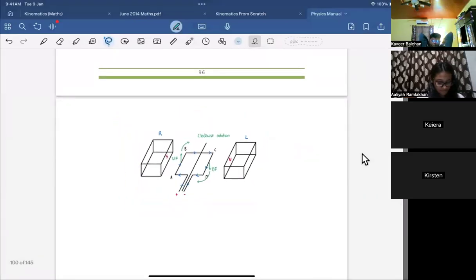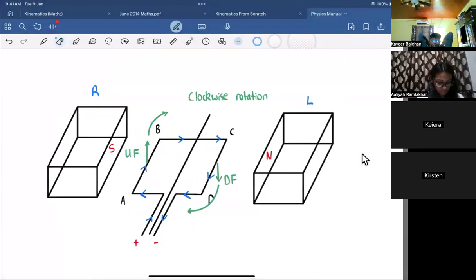So in this one, I'm going to change up some stuff.